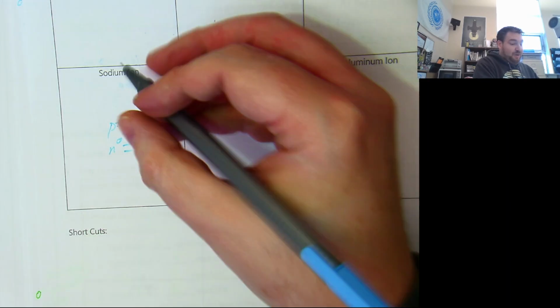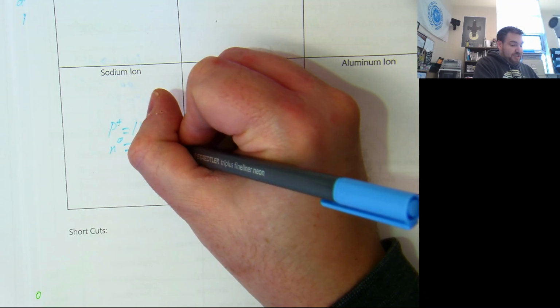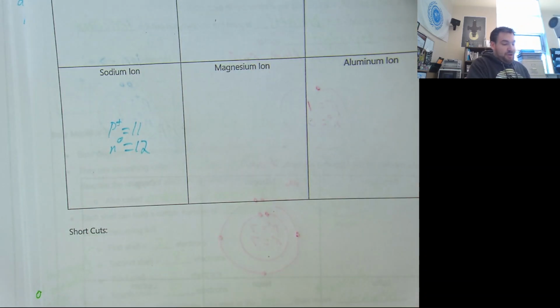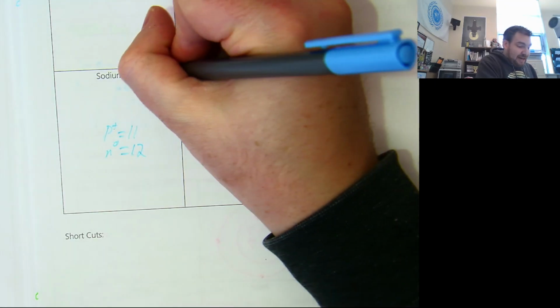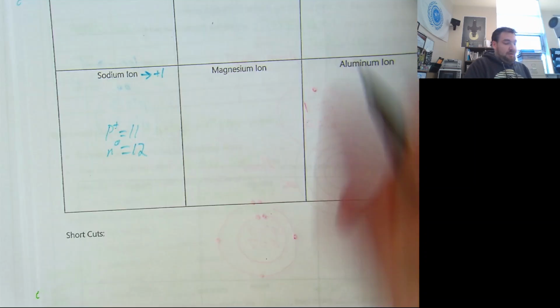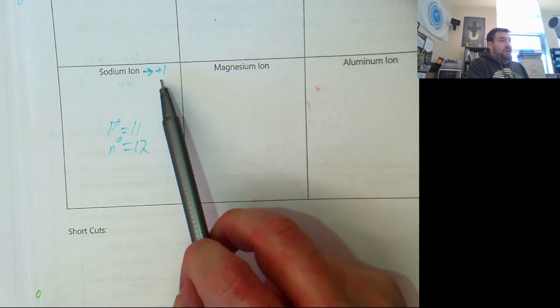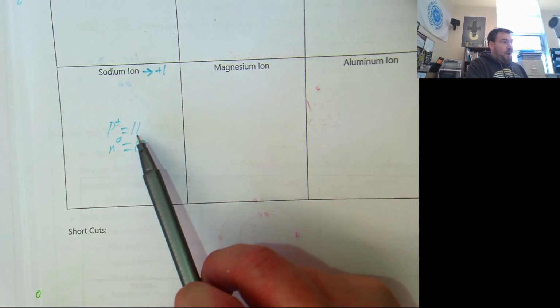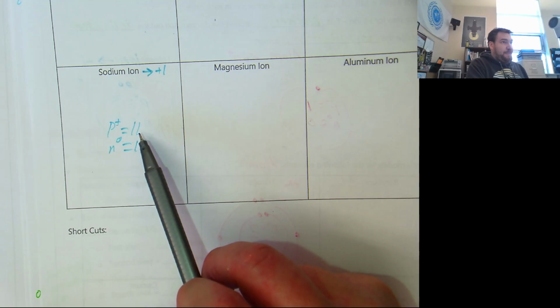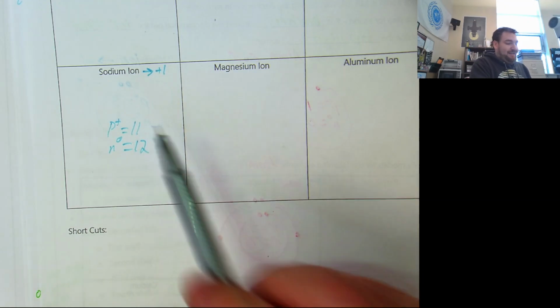The mass is 23, so that means there's 12 neutrons. And sodium as an ion is going to be +1, which means how many electrons is sodium going to have? Someone said 10. Good. Positive charge means you lost an electron. You have 1 less electron than protons. 11 minus 1 is 10.